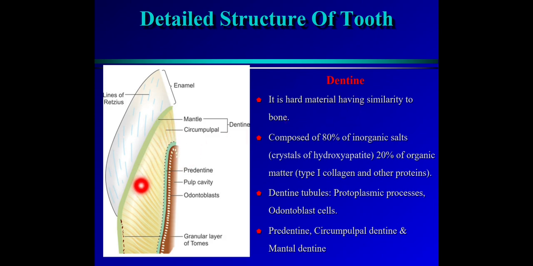Now in this picture we want to find out the detailed structures of the dentine. This yellowish part is the dentine. Dentine is a hard material having similarity to the bone.